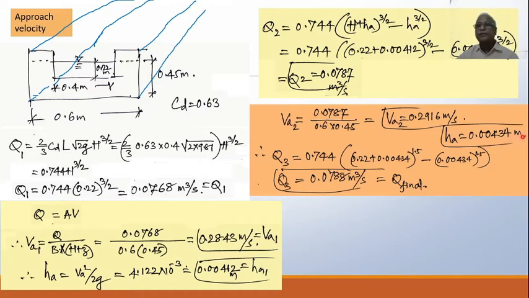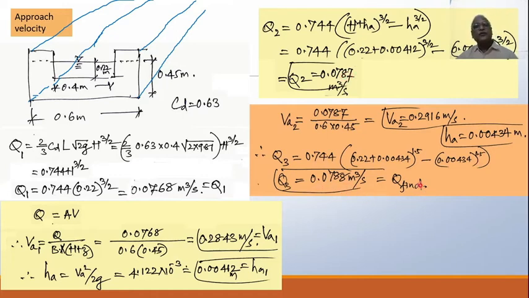0.00434 meters. Now using this in this equation, I'll calculate again the revised value of Q. We called it Q3, same 0.744 H plus HA, this revised value of HA raised to 1.5 minus HA raised to 1.5. Calculate, you get 0.0788, and if you compare, hardly there is any improvement.